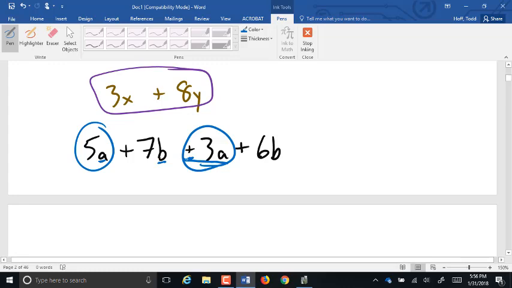That's telling us that is a positive 3a. So positive 5a and positive 3a make 8a. Plus 7b means it's positive 7b. Plus 6b is a positive 6b, so those combine to make positive 13b. So since it's positive, I put a plus in front of it.